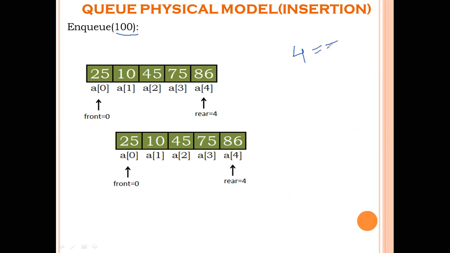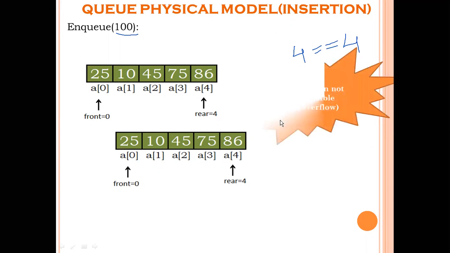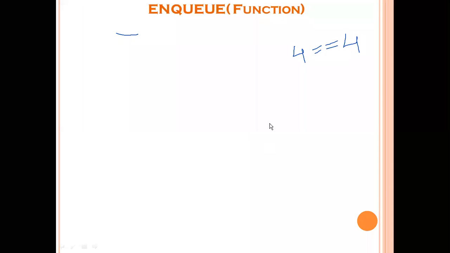What is the maximum size minus 1? 4. Both are equal. Can we perform the insertion? No. So what we can say? We cannot perform the insertion as the queue is overflow. Now, we cannot place 100 into the queue. So this condition is called as overflow condition.